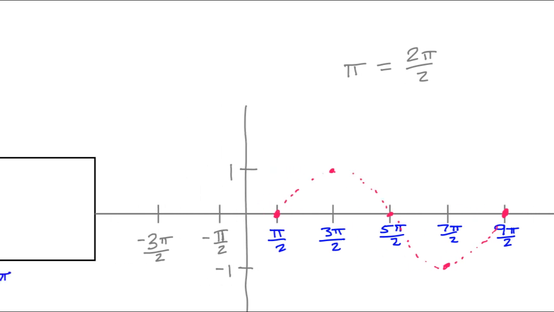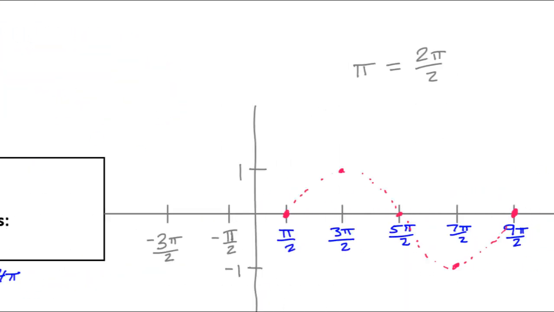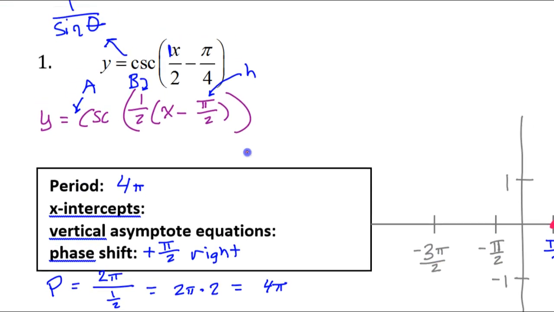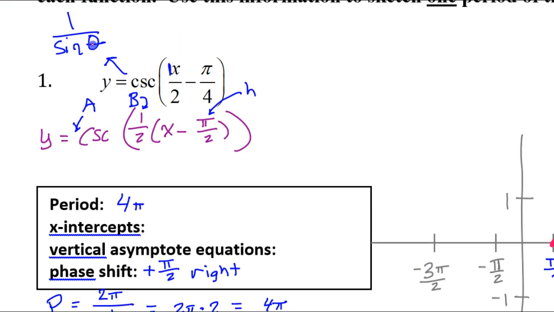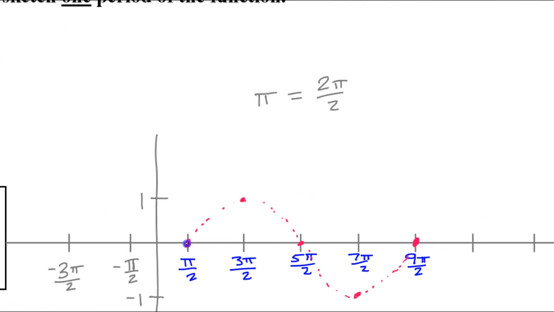But what I'm trying to graph, though, is the cosecant function. Now, because cosecant is 1 over sine, if sine is 0, then it's undefined. And that's going to give you an asymptote. So where is the sine function 0? Well, sine is 0 at these x-intercepts.